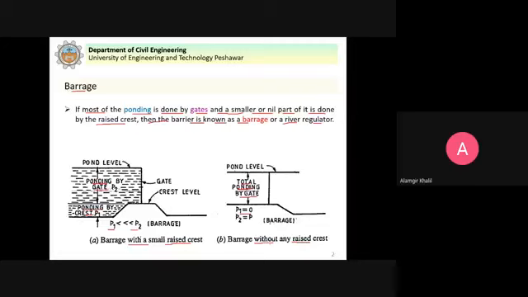So this is the basic difference between the weir and the barrage, that in the case of a weir, most of the ponding is done by the raised crest. So if we have a weir, then in that case you see that most of the ponding will be done by the crest, and a nil or small part of ponding will be done by the gate, or we call it a shutter.